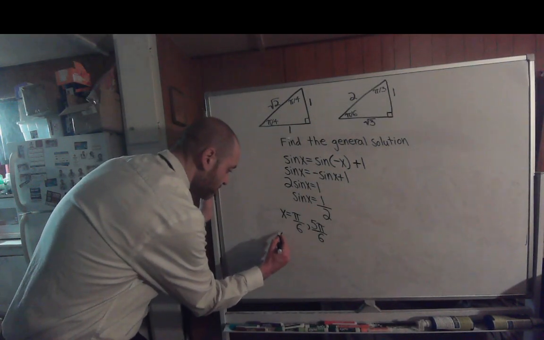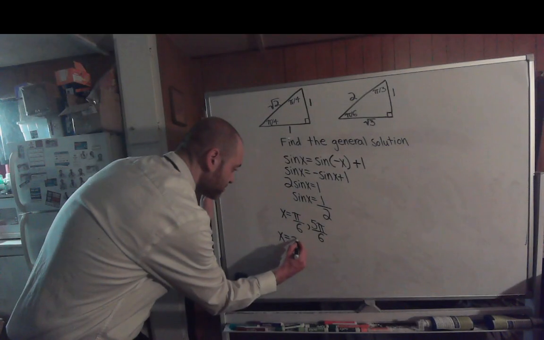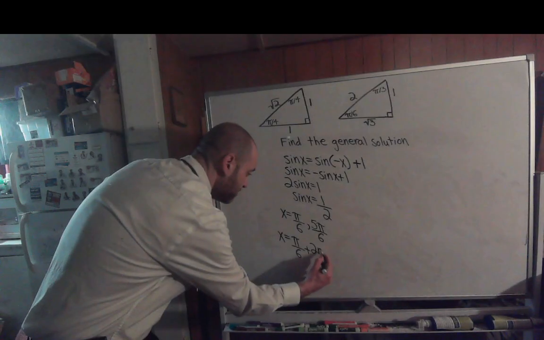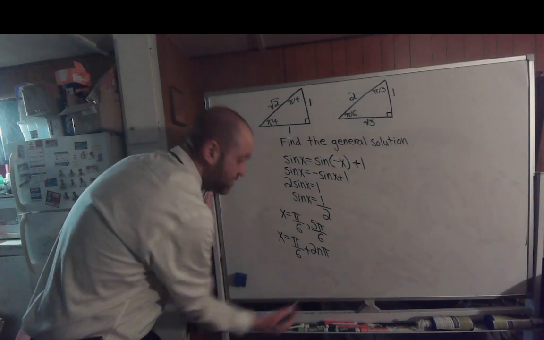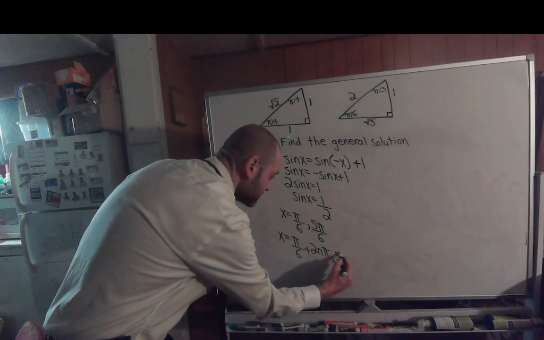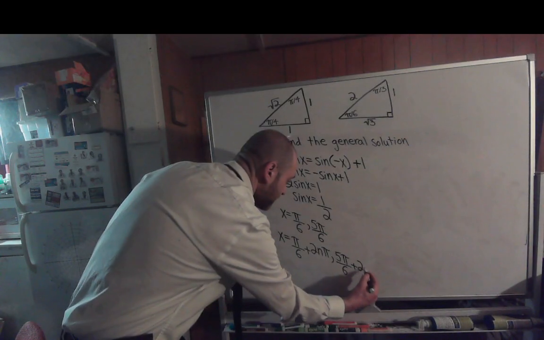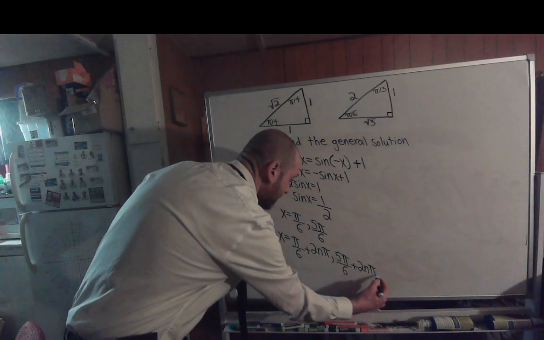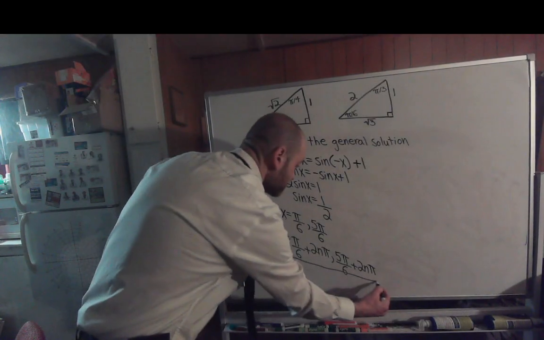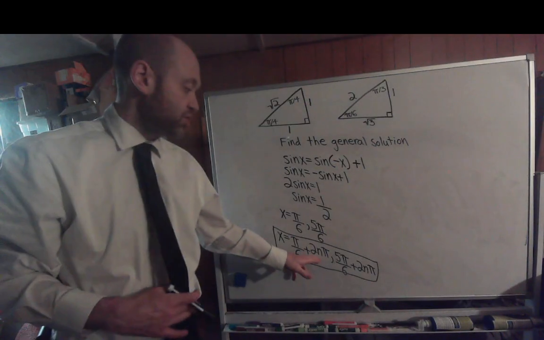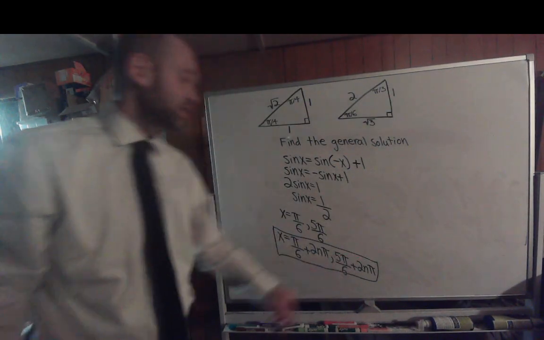So the general solution will be x equals pi over 6 plus 2n pi, and then again at 5 pi over 6 plus 2n pi. So those are your general solutions to this equation: pi over 6 plus 2n pi and 5 pi over 6 plus 2n pi.